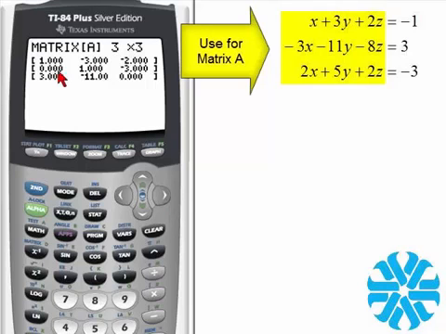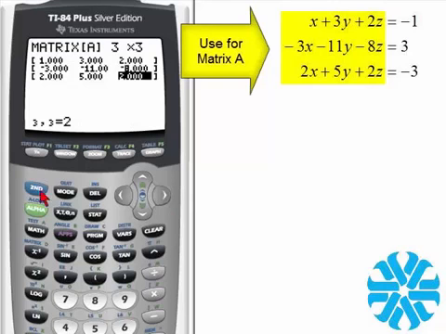So we're going to input 1, and that's fine, and then we move over to the right and then enter 3, 2, enter, negative 3, enter, negative 11, enter, negative 8, enter, 2, enter, 5, enter, and then 2, enter. Okay, so here's our 3 by 3 matrix.